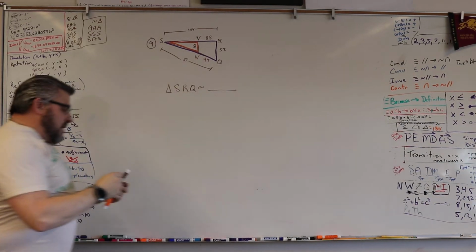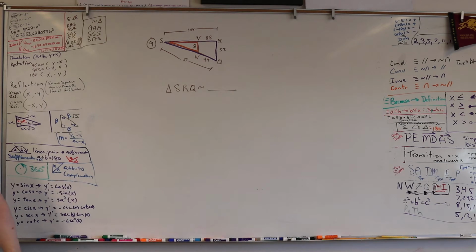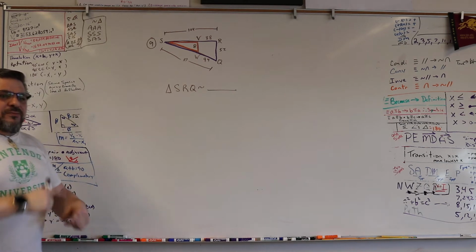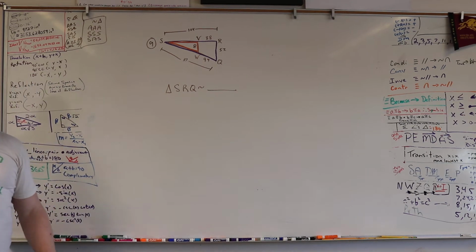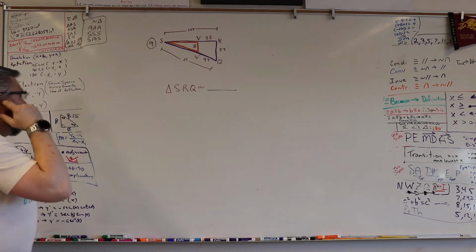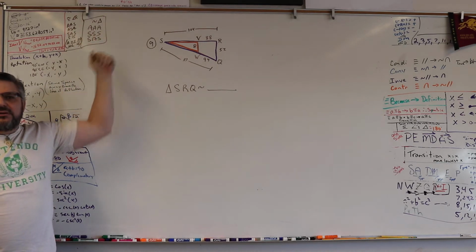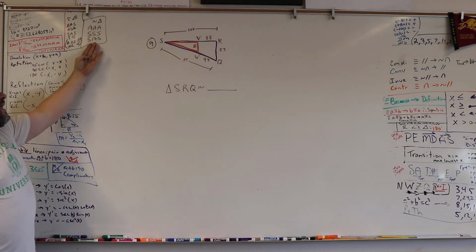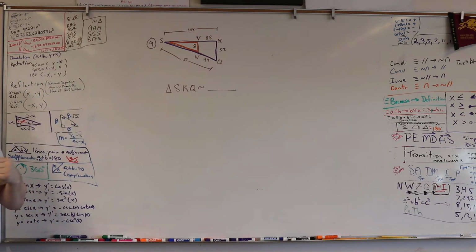If they are similar, then either we can prove that all the sides are proportionate, or if we can prove that all angles are proportionate, or if we can prove that the 2 sides and the angle in between the 2 sides are proportionate, okay?